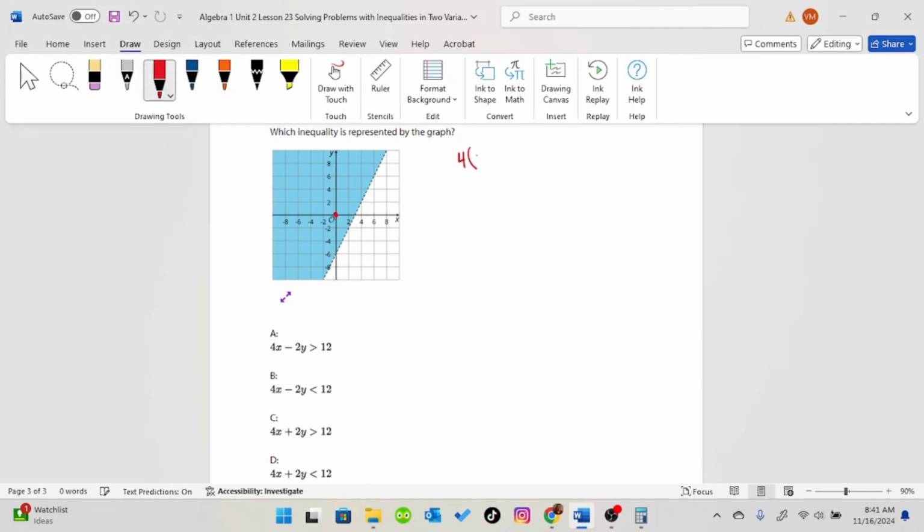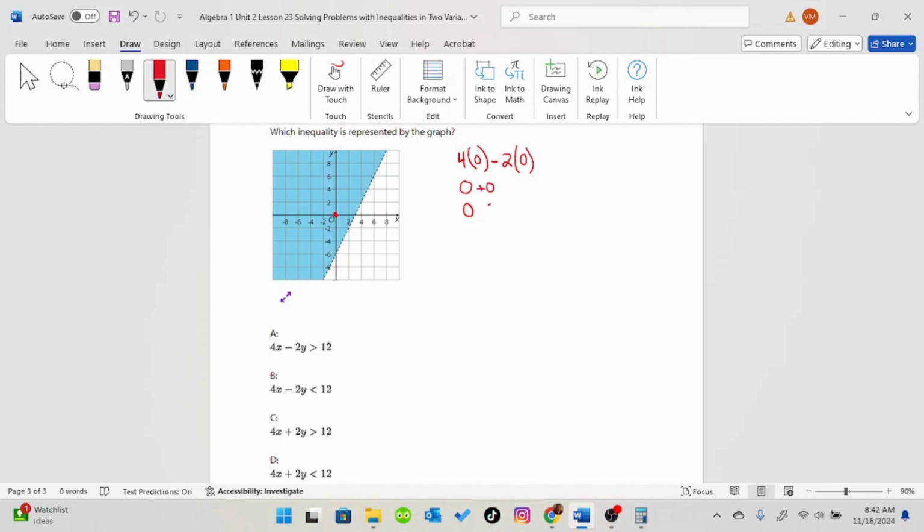4x, which would be 4 times 0, minus 2y, which would be 2 times 0. We know that 4 times 0 is 0. Negative 2 times 0 is 0. And this becomes 0.